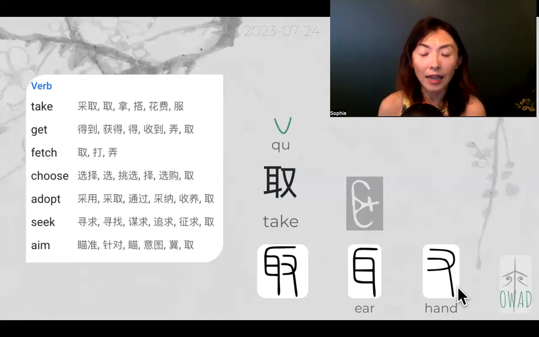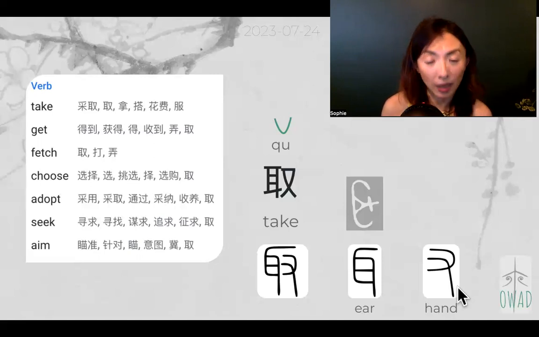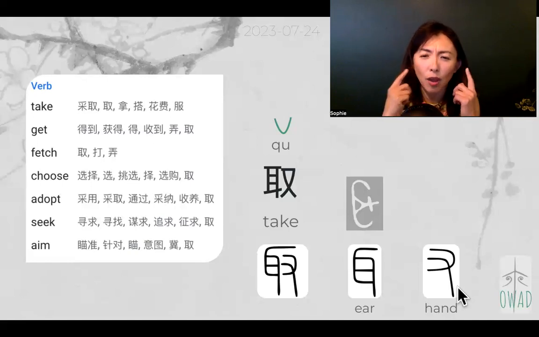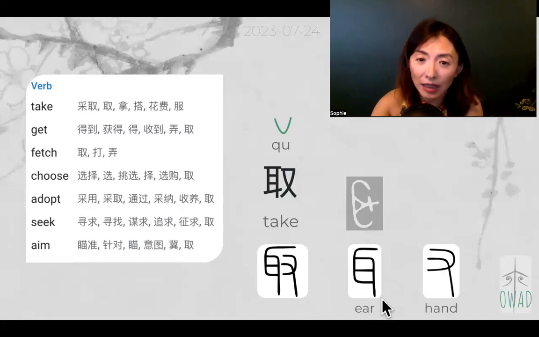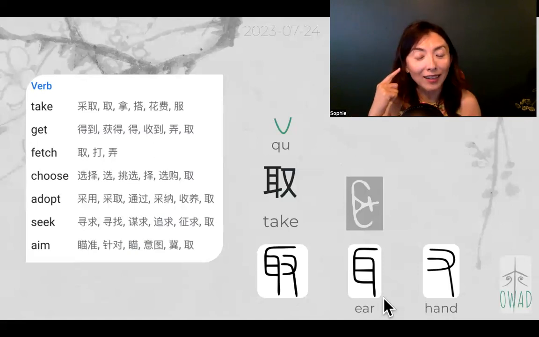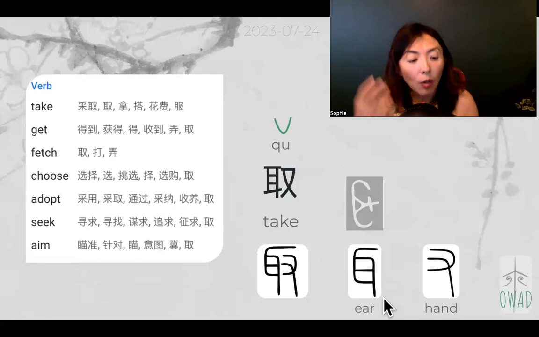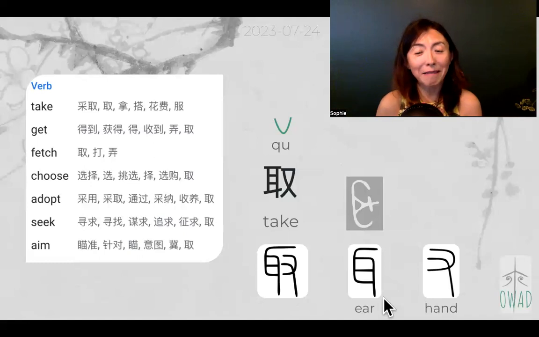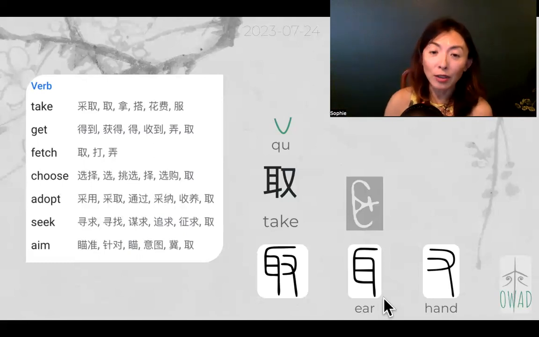One way is to cut off the ear of the people you killed and put it in a pocket as a head count. Probably everybody went for a particular side, left or right ear, so people could count heads by ears at the end of the battle, if you made it. Gosh, that's very bloody. So that's the origin.